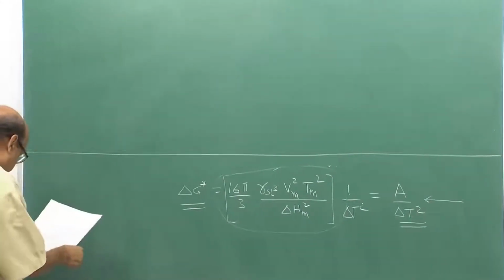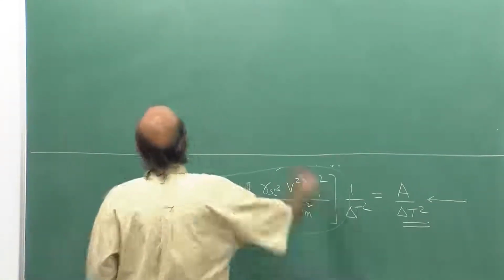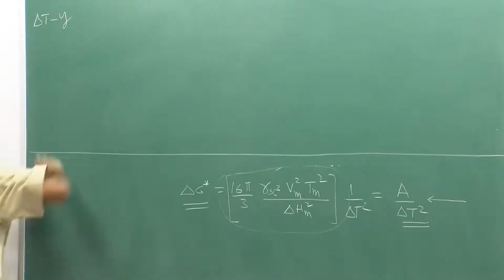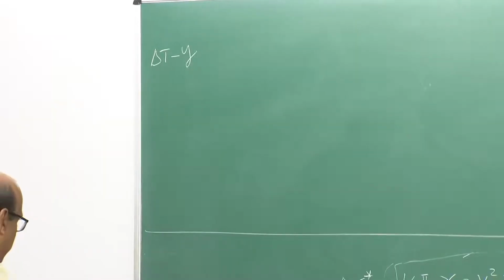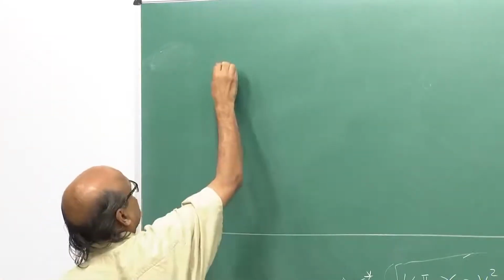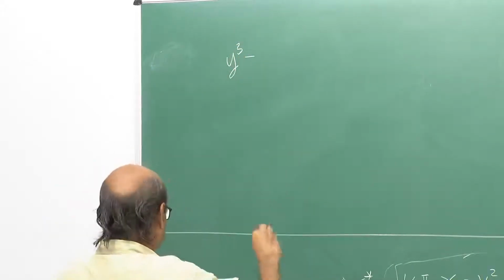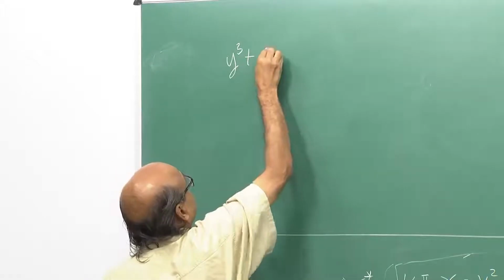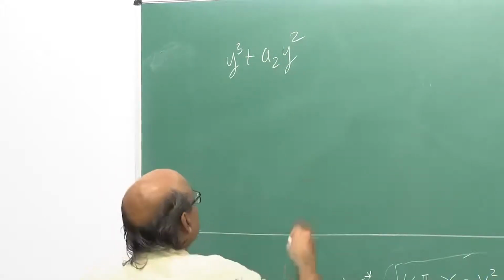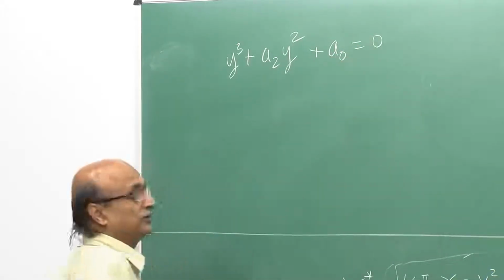So, for delta T, let me use the term y, and hence I can write this cubic equation as y cube minus or plus a2 y square plus a0 is equal to 0.